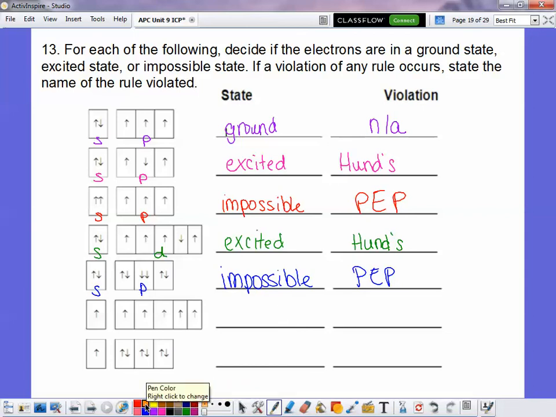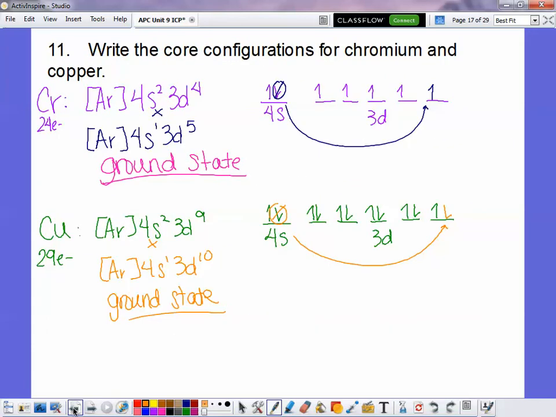We have an S sublevel and a D. What state is this in? Why is it ground state? This is like what we were talking about here. Let me go back. Here. This is just like the chromium family. Remember?